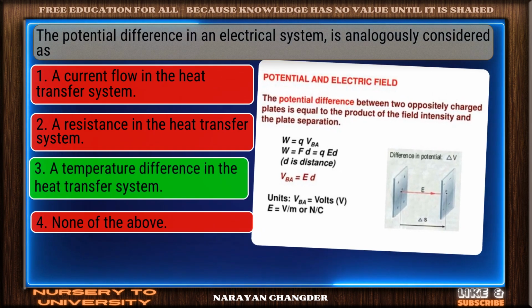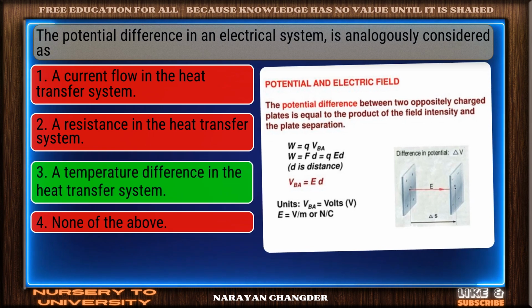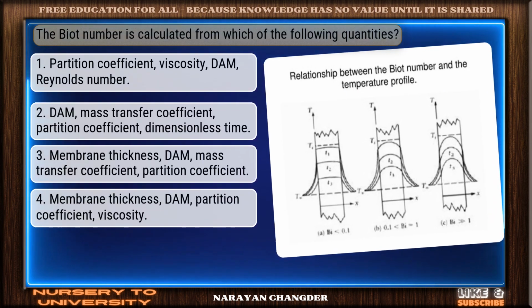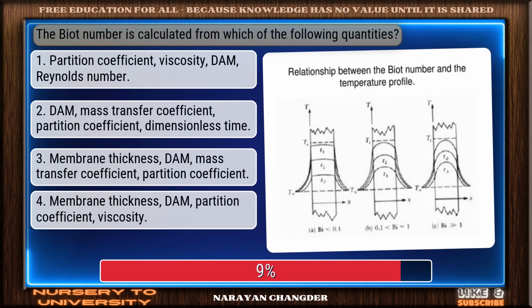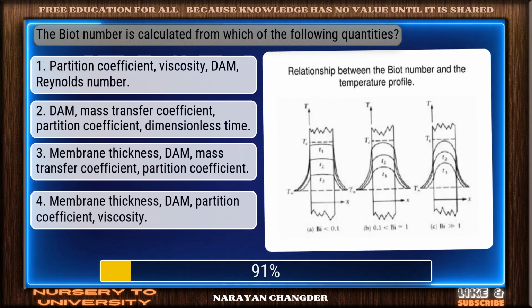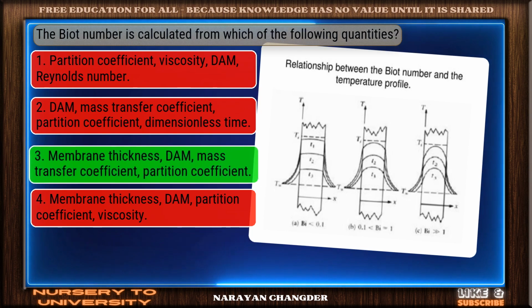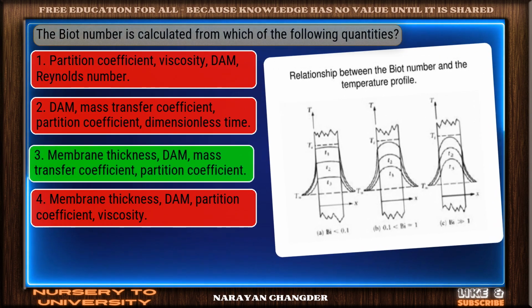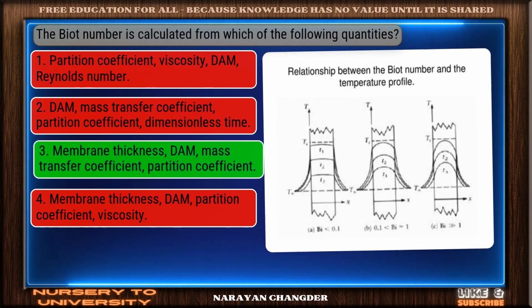A temperature difference in the heat transfer system is a solid answer. The Biot number is calculated from which of the following quantities? You chose membrane thickness, DAM, mass transfer coefficient, partition coefficient, and it is correct.